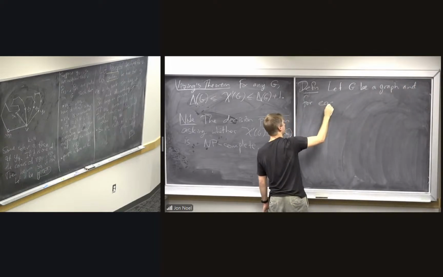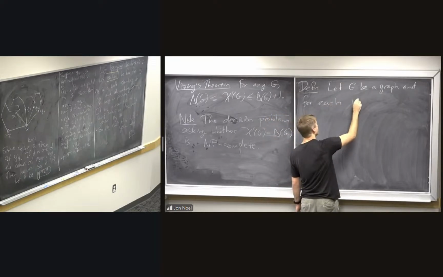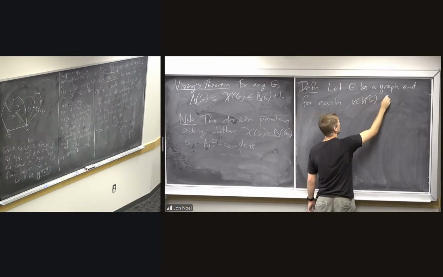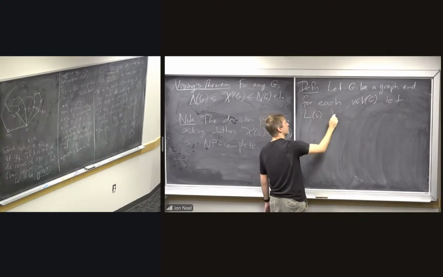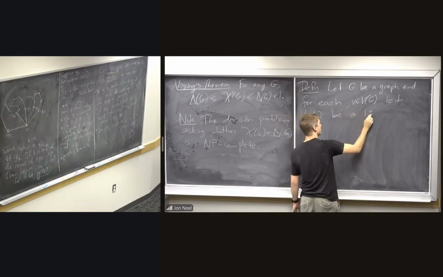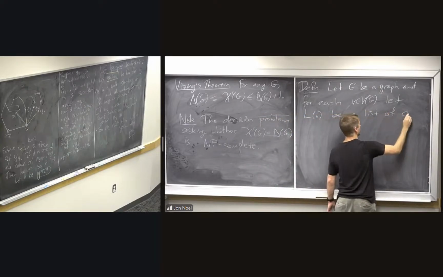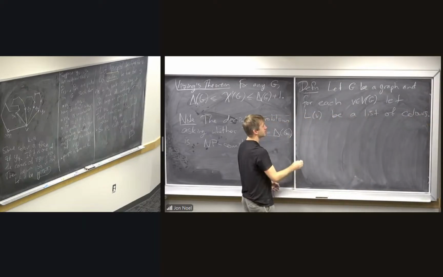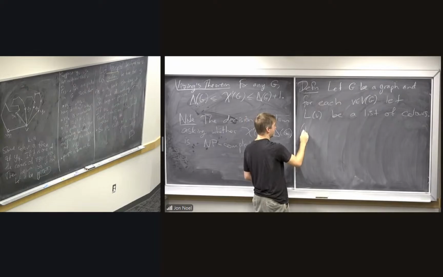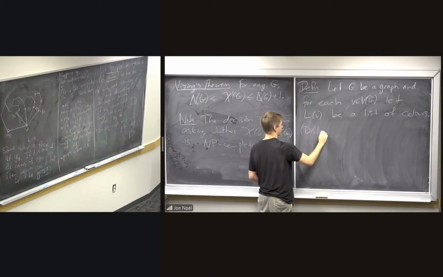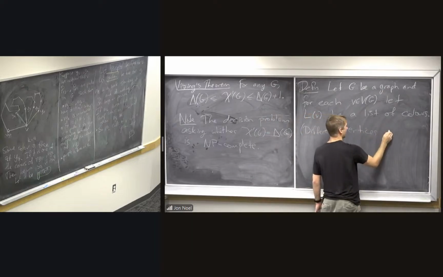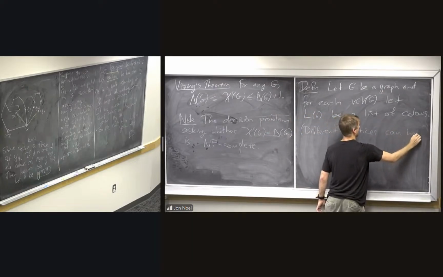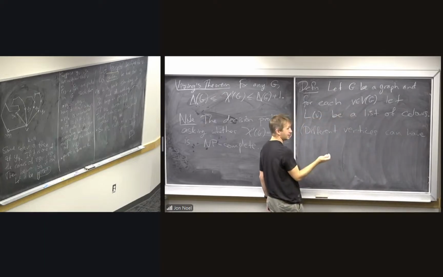And for each vertex V, let L of V be a list of colors. So to be clear, different vertices can have different lists.